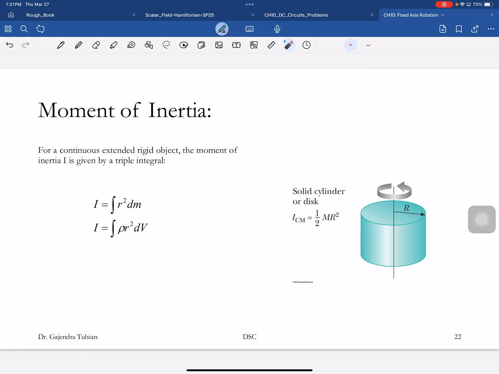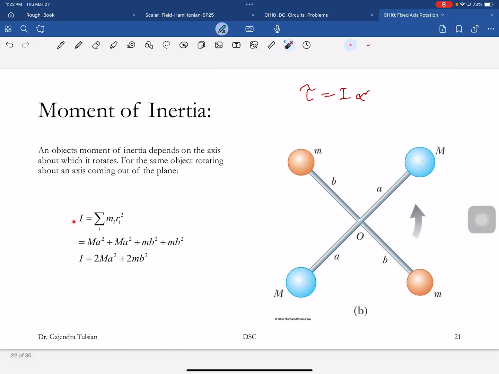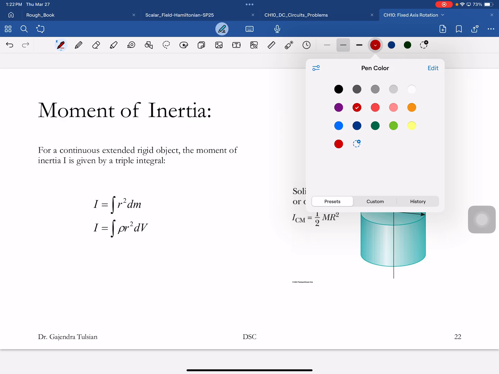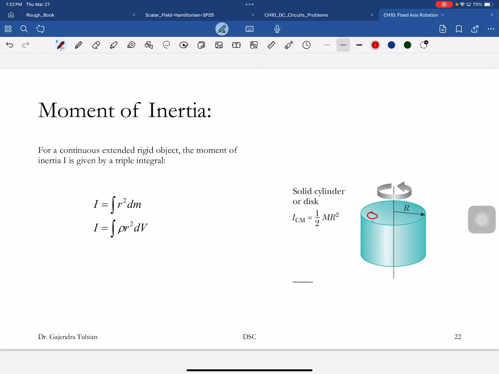Okay, the moment of inertia is an important quantity, and so if you wanted to calculate the moment of inertia of a continuous object, this formula gets replaced by a triple integral. The moment of inertia is the mass of this little piece times the distance squared, and then you integrate over all the little pieces.